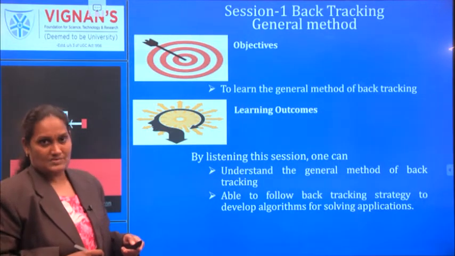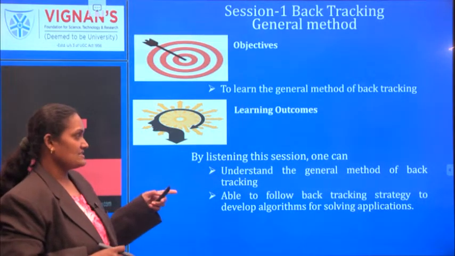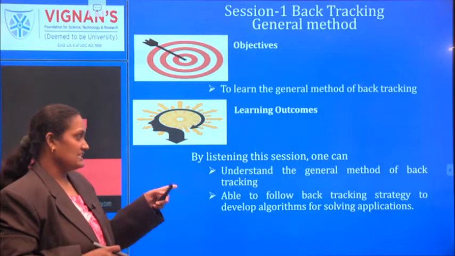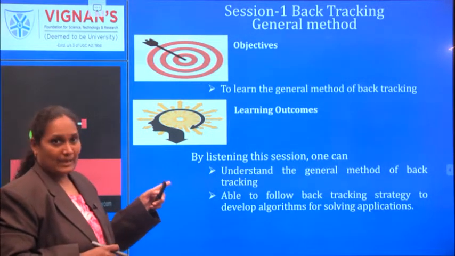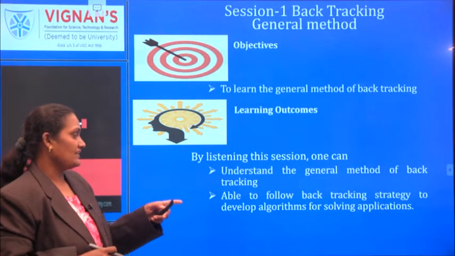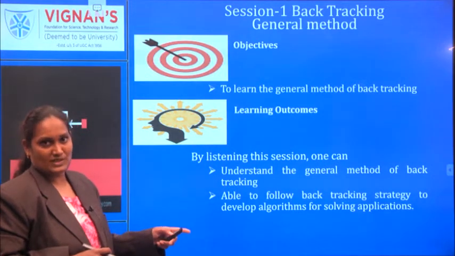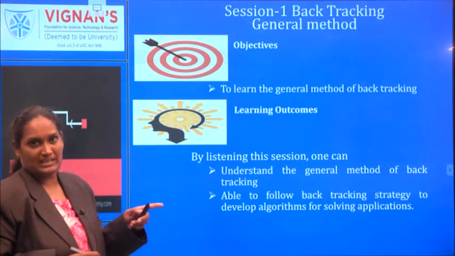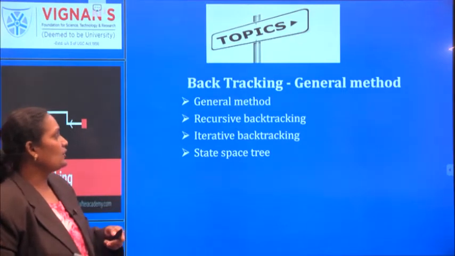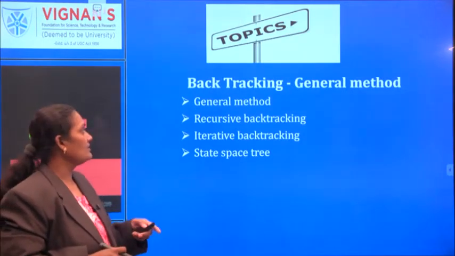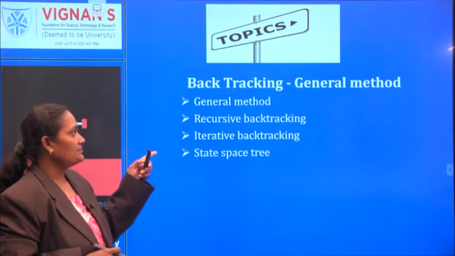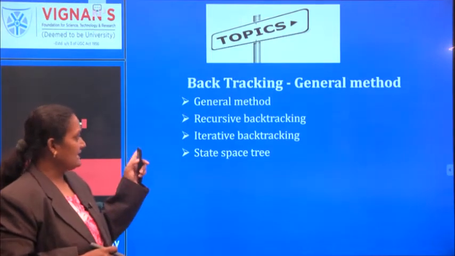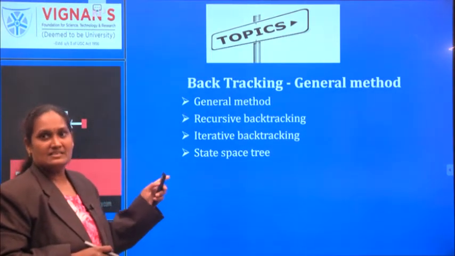By listening to this session, one can understand the general method of backtracking and follow backtracking strategy to develop algorithms for solving various applications. The topics that we are going to discuss are the general method of backtracking, recursive backtracking, iterative backtracking, and state space tree.